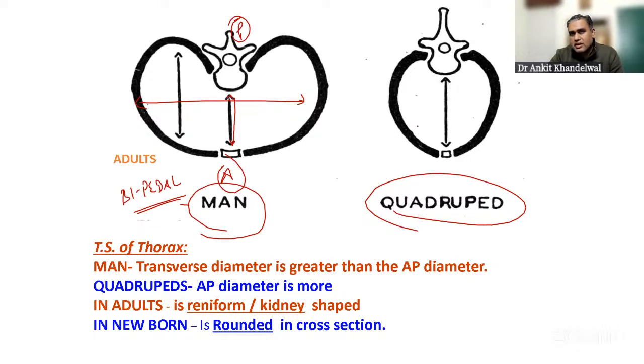While in quadrupeds, because all the time the gravity and the force are working downwards, their AP diameter is more than the transverse diameter. Just imagine some four-legged animal, be it a dog, cat, cow, or buffalo.